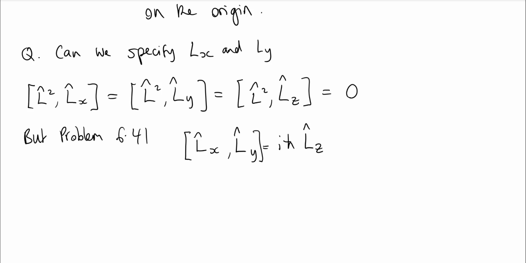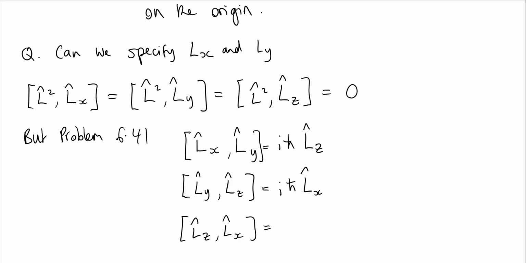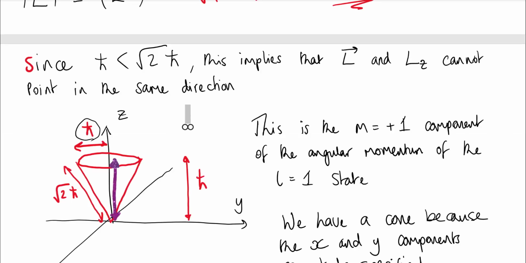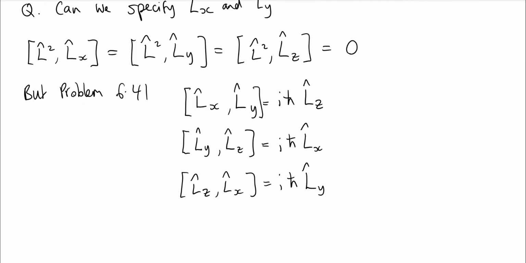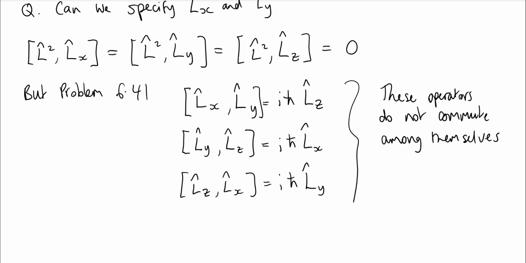L sub x and L sub y, you're going to see a pattern. There is a commutator for all of these operators. Same pattern. It's always i h bar times the other angular momentum operator. And the point here is that these operators do not commute among themselves.